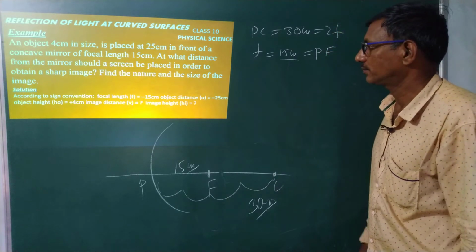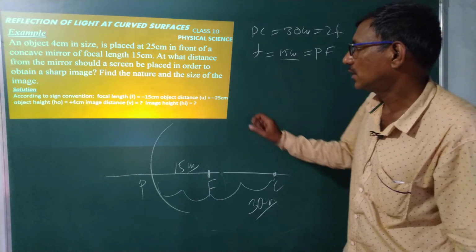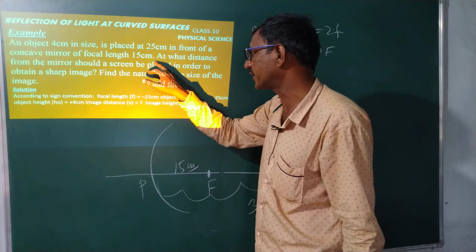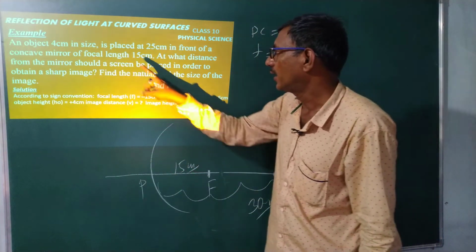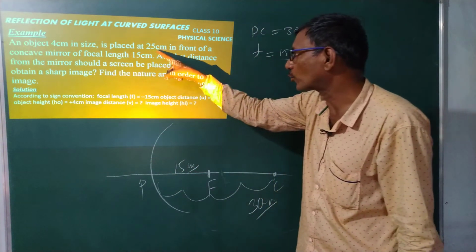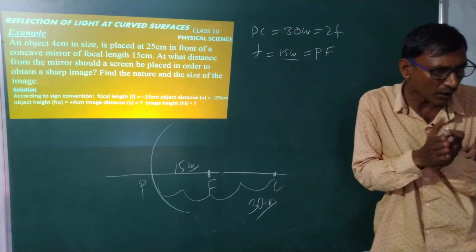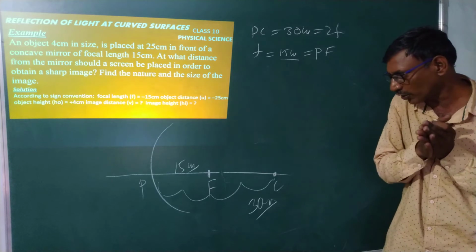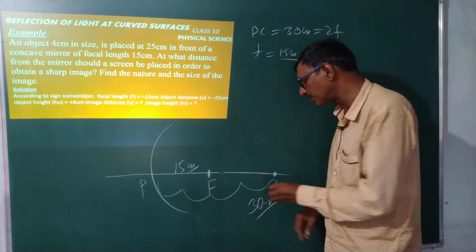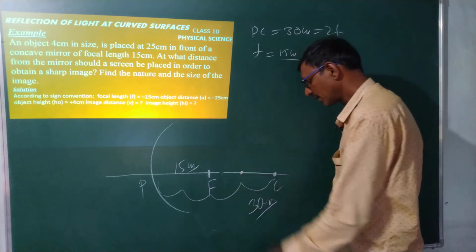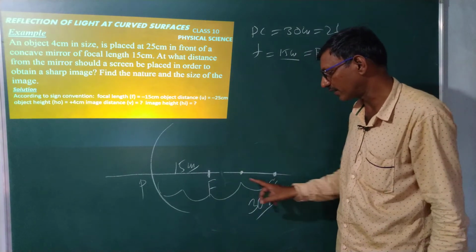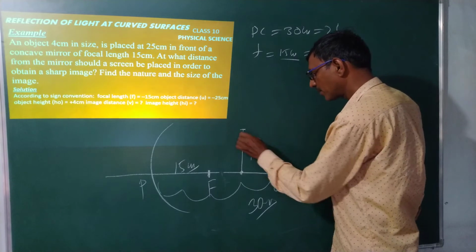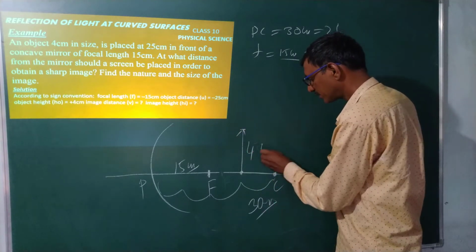Now, in front of the concave mirror of focal length 15 centimeters, the object is placed at 25 centimeters. It helps to understand where it is located. Exactly 25 centimeters means it lies between F and C. This is my object, exactly 4 centimeters.